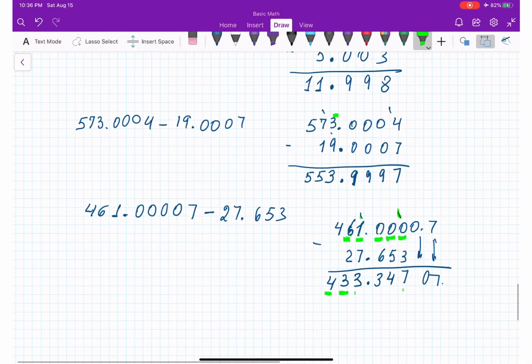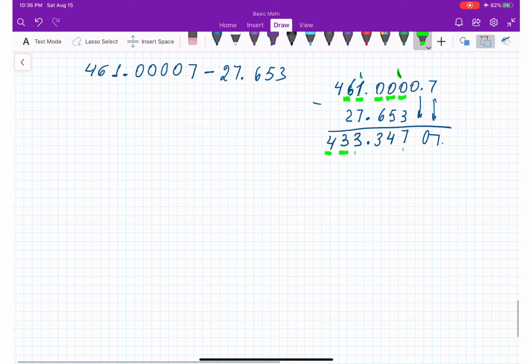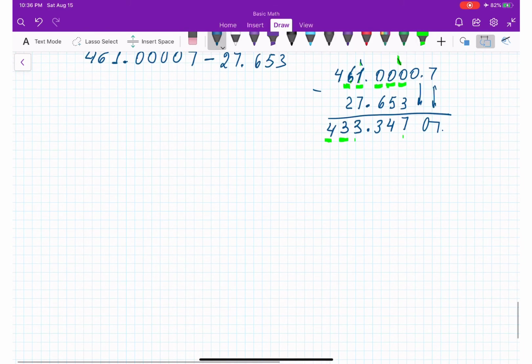Next one. 14 minus 2.4. So 14, since the decimal point is here, here is 2, here is 4.